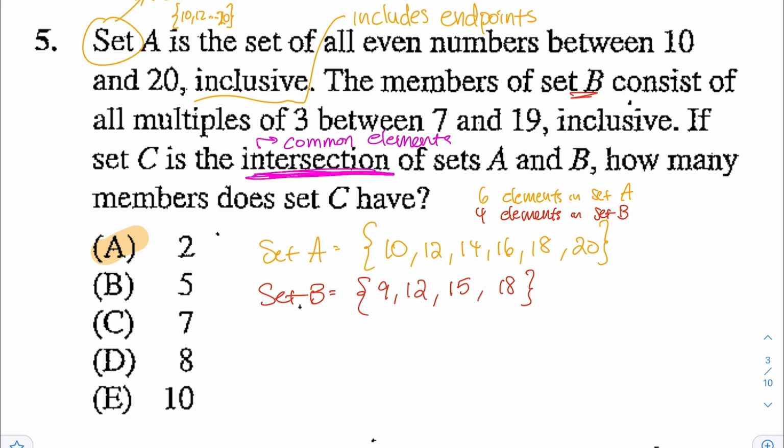So you have to look at both sets A and B and see what they have in common. So for set A and set B, the even numbers and also multiples of 3, you see that 12 and 18 are the only two numbers that show up in both. So set C will have only 2 elements.